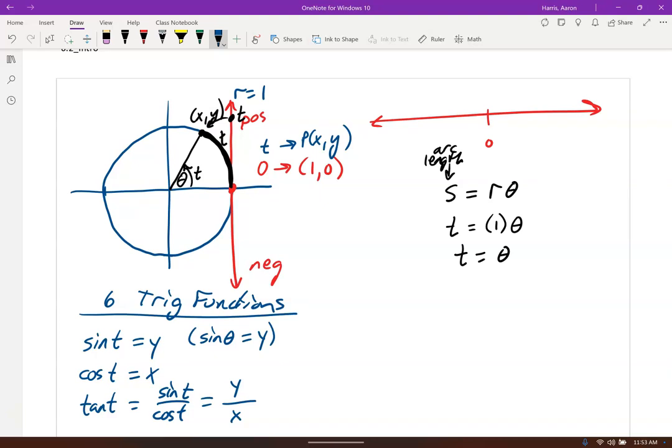And then we have their reciprocals, the cosecant. So the cosecant of t, and maybe if you remember back from your right triangle trig, the cosecant is 1 over the sine. So since the sine is y, the cosecant's 1 over y. So sine goes with cosecant, s goes with c. Cosine, its reciprocal is a secant.